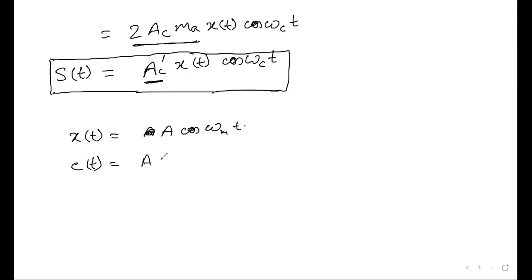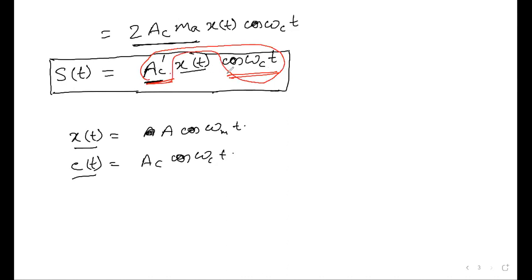We have taken ct as AC cos omega ct. So when we multiply this xt and ct, we are just getting this. So you can term AC cos omega ct as the carrier part, right? This is the carrier part.